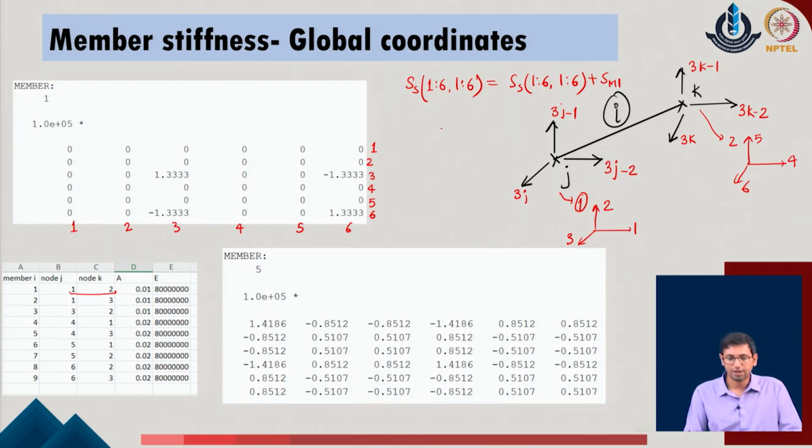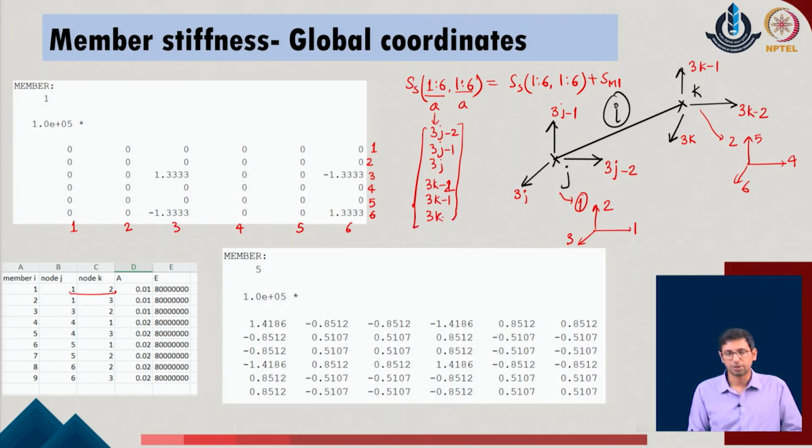I have written here directly 1 to 6 and 1 to 6, but as you realize, these are defined with respect to the individual orders, so I can call it some value a to a, and this a can be written as 3j minus 2, 3j minus 1, 3j, 3k minus 2, 3k minus 1 and 3k.